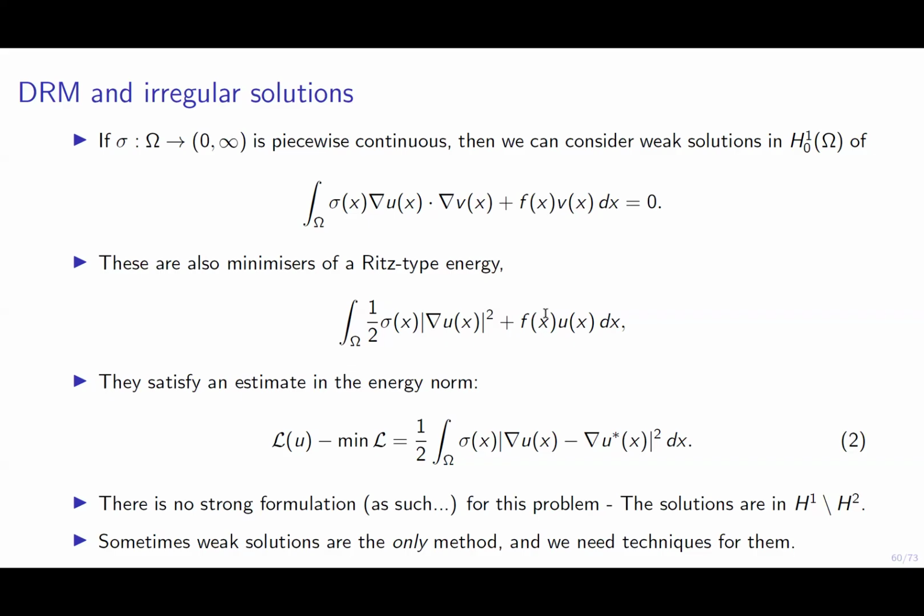So once again, even in problems where we don't have a strong formulation because we don't have sufficiently smooth solutions, this method can still work to give us solutions. And we have this very attractive property that if we reduce our loss, we know that we are reducing our error, modulo integration errors and so on and so forth.